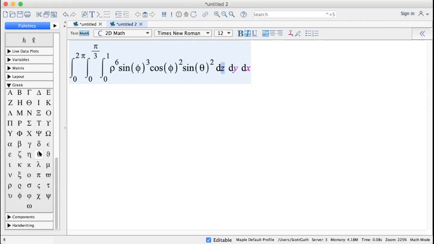And now I can say d rho right there, d phi there, and d theta there, and just hit enter. And that's a beautiful thing right there. So I'll just put in the answer here: 47 pi over 3360.